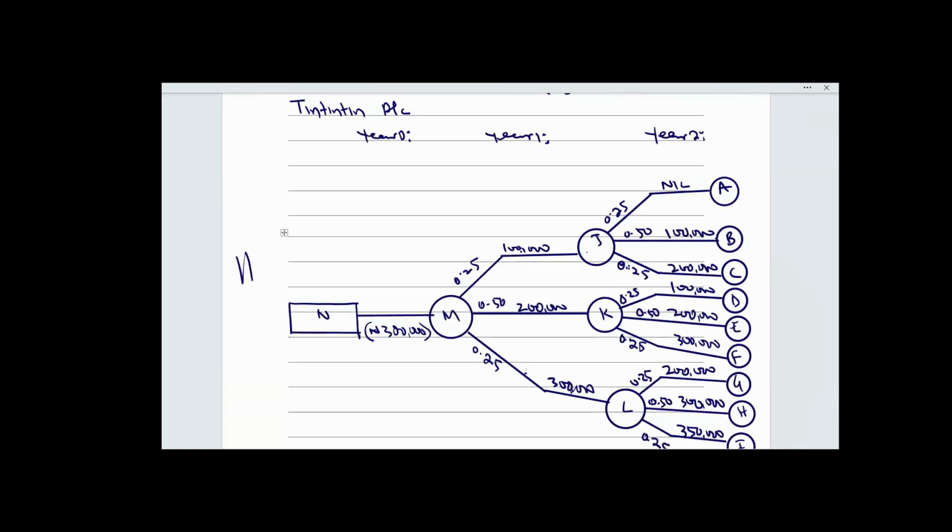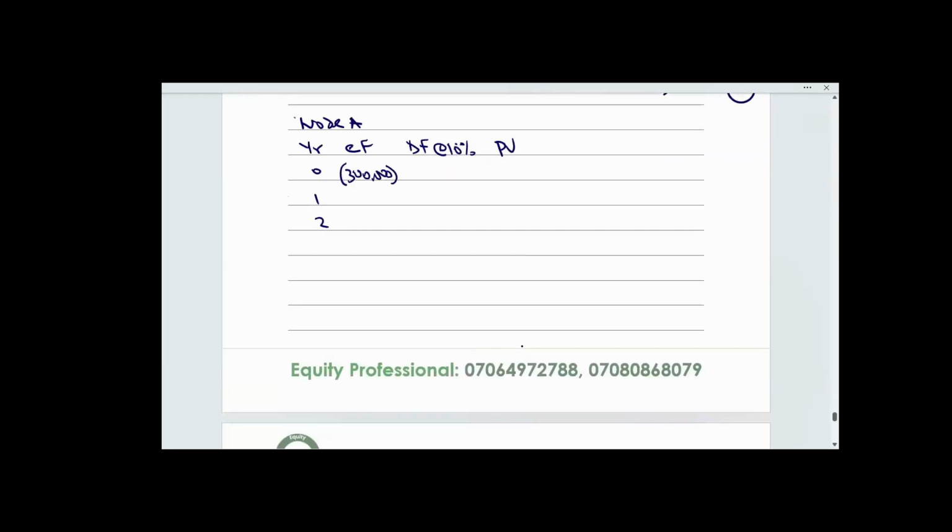Cash flow in year 1 is 100,000. Cash flow in year 2 for node A is 0. Therefore, here is 1, here is 0.909, 0.826. Multiply. This will give us negative 300,000. Here will give us 90,900. Here will give us 0.